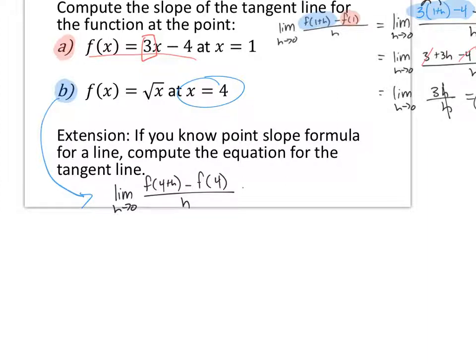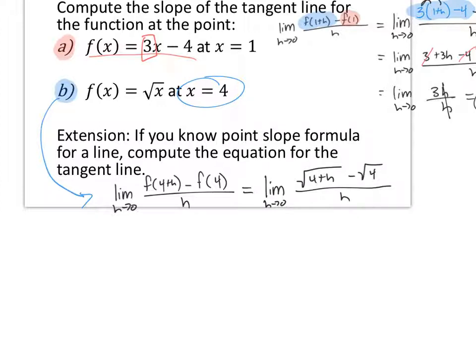So that's going to be the same as the limit as h approaches 0 of the square root of 4 plus h minus the square root of 4 all over h. That's actually pretty simple.